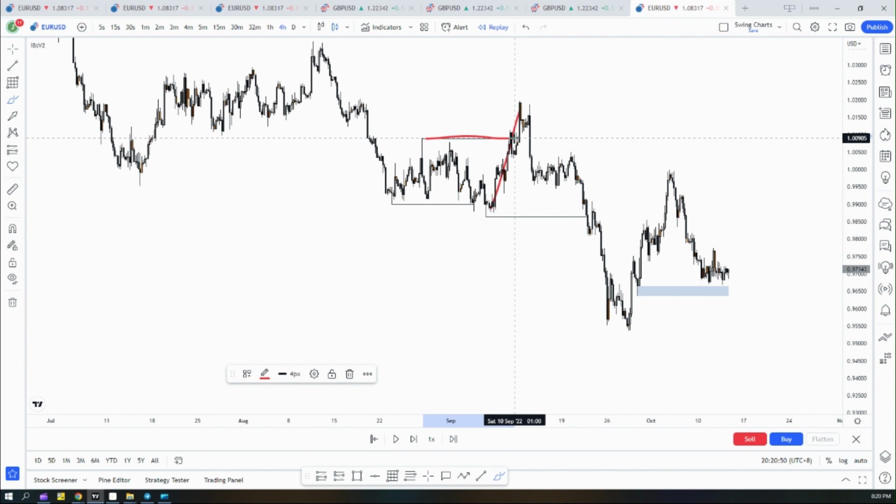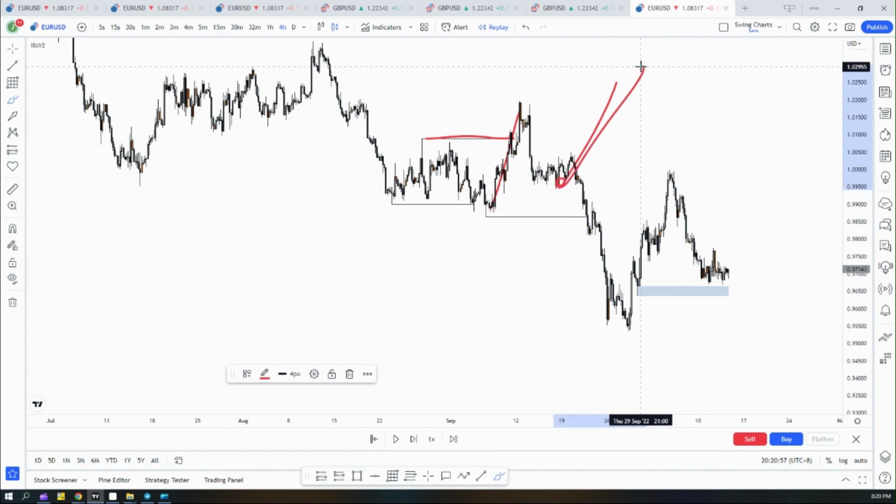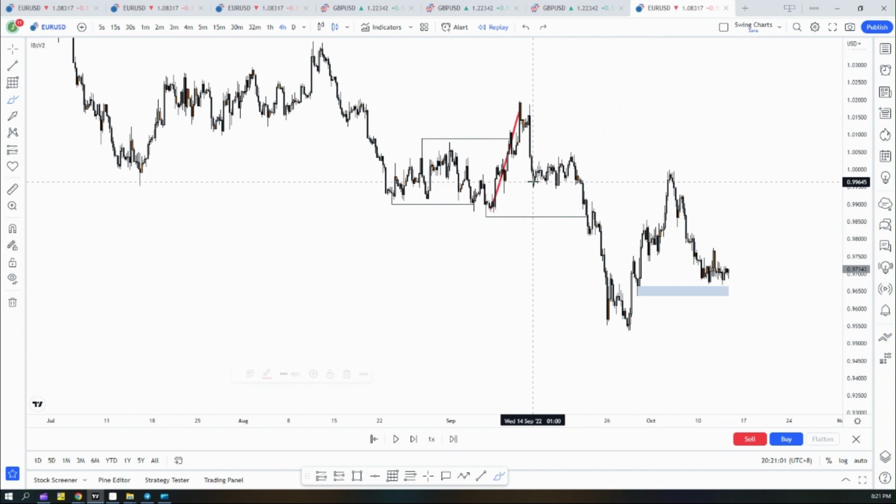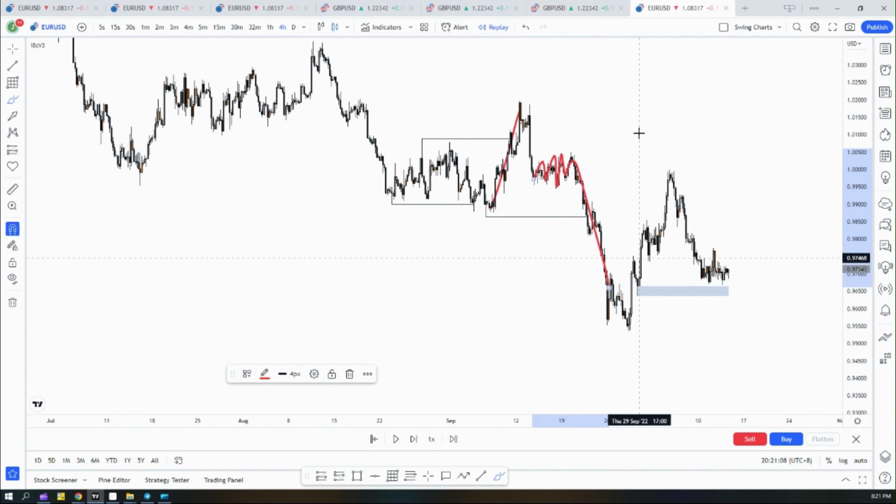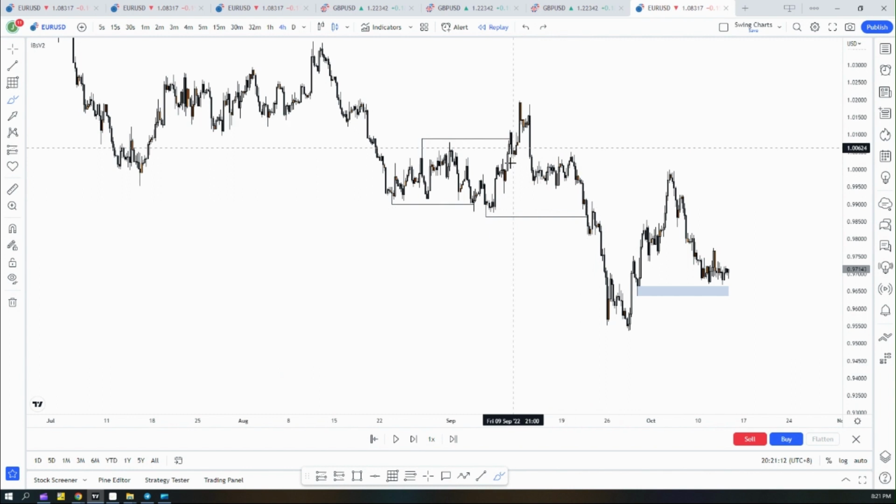We have that bullish phase because we broke structure here, and we're expecting at this point a higher low to form and give us that higher high, but we don't get that. Because what the market ends up doing is giving us this consolidation, manipulation around here, and then taking the low, giving us that bearish break of structure.